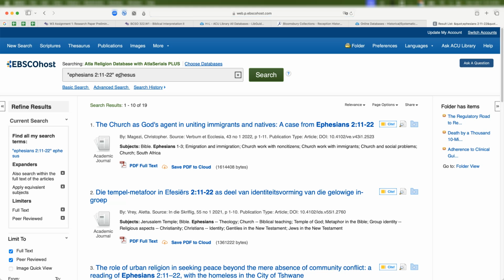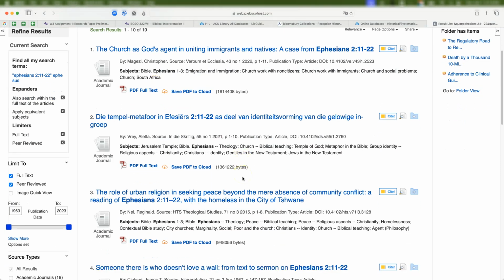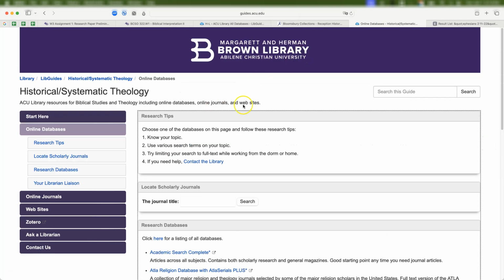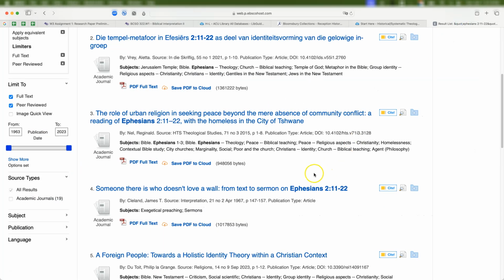And now we have more of a focus on applying the meaning in that time. And we get a different set of results. And so if you're not finding things that you feel, I really believe it should be out there, you can always go ahead and contact the librarian who's in charge of that, which in this case would again be our library liaison, Craig.